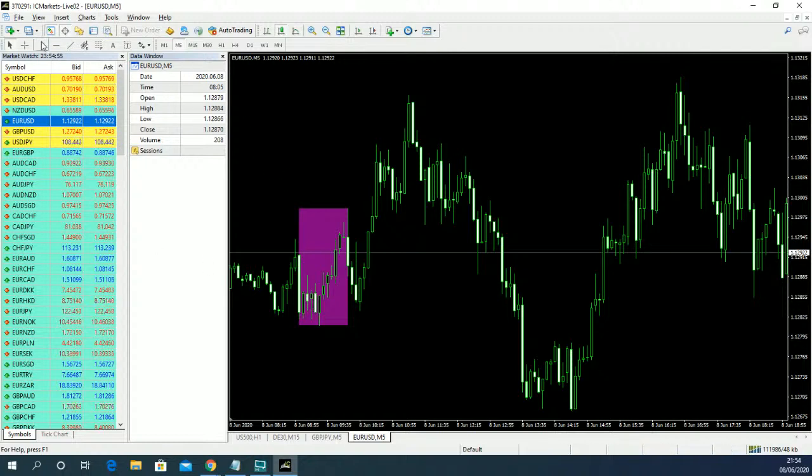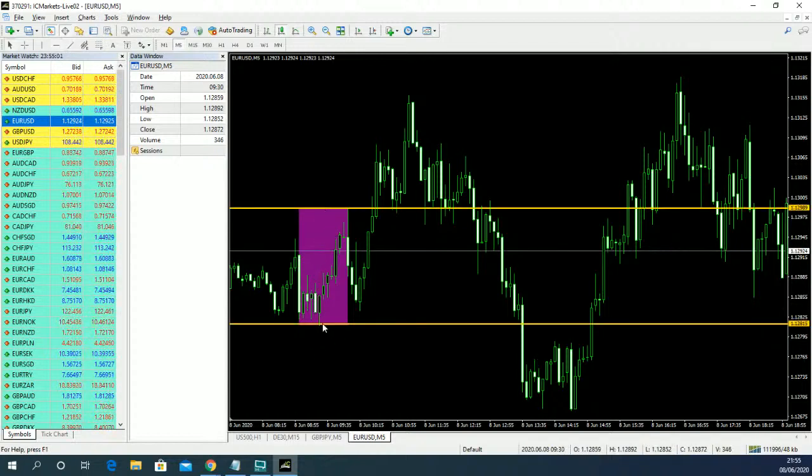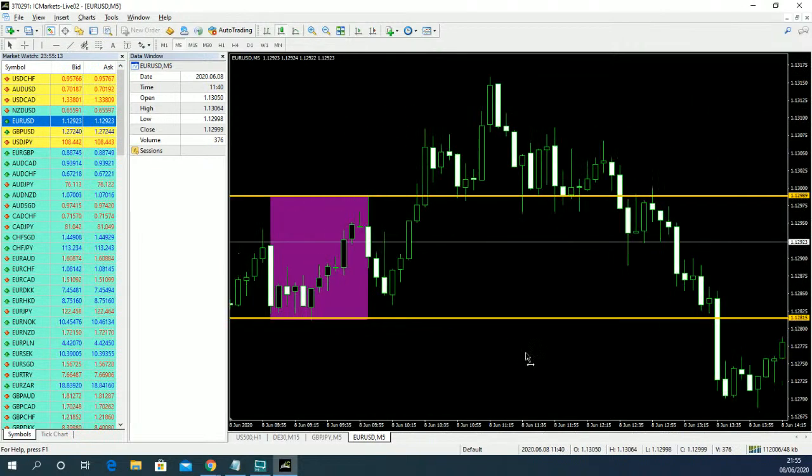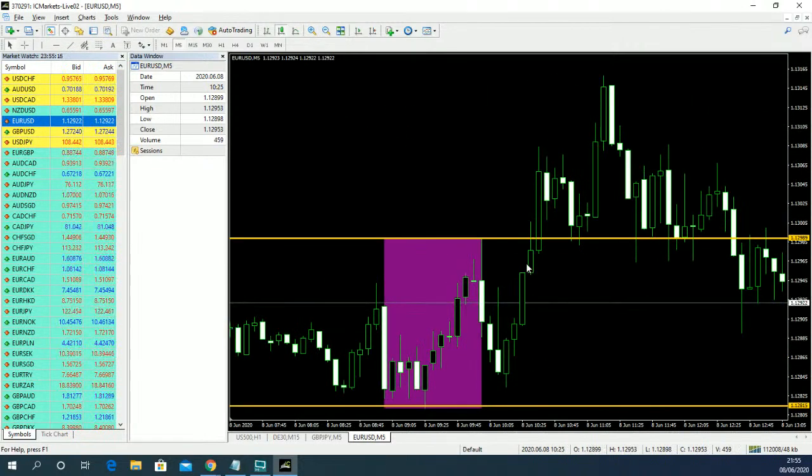So let's say we draw our two lines, one there, and you went long after this third candle. The first candle is touching, the second candle is touching, the third candle is not. So let me expand it so you can see. Okay, so this first candle is touching, second is touching, the third is not touching. So we go long after this third candle.